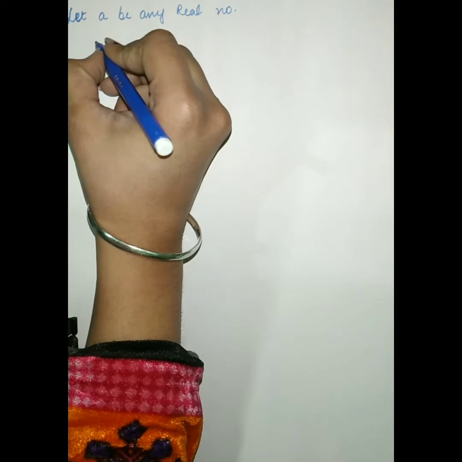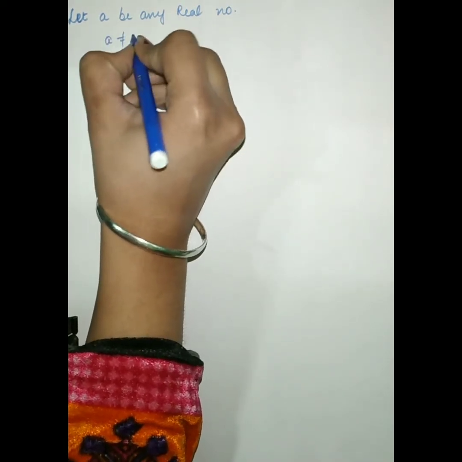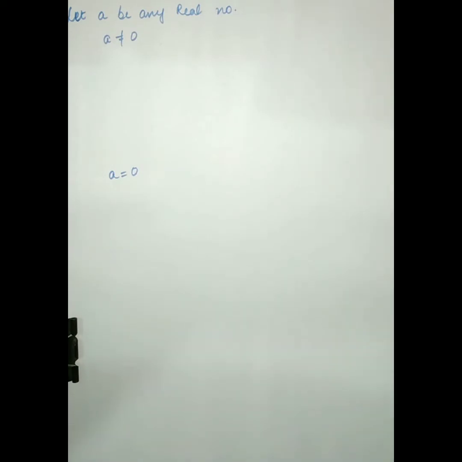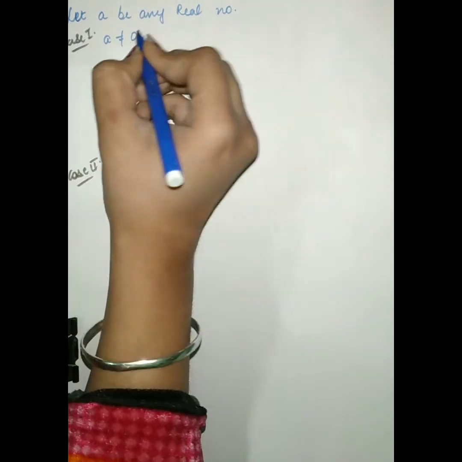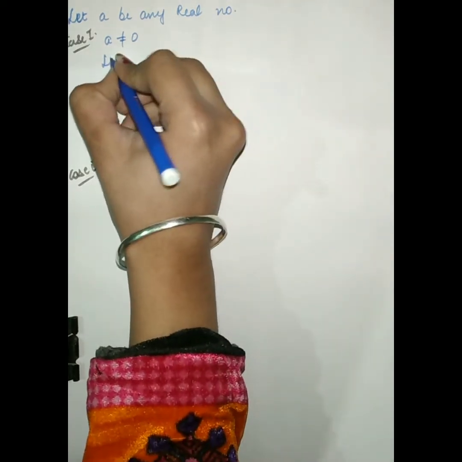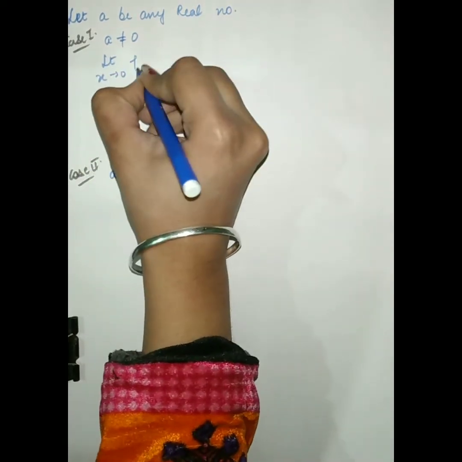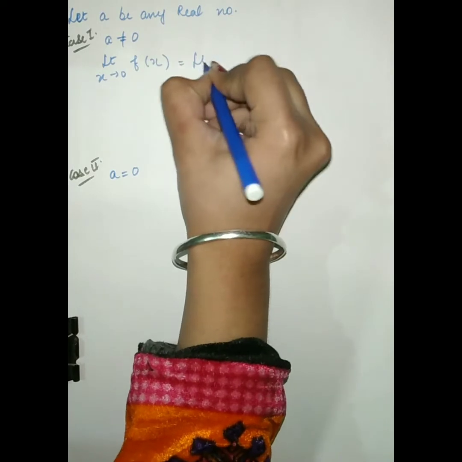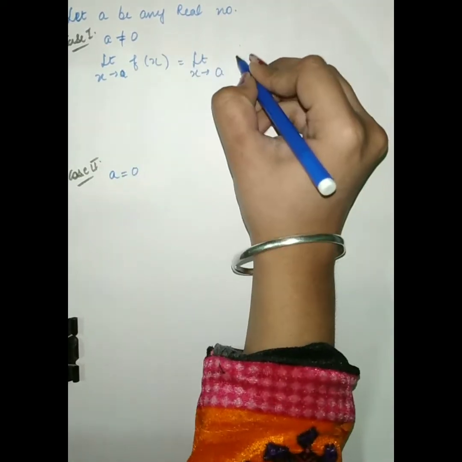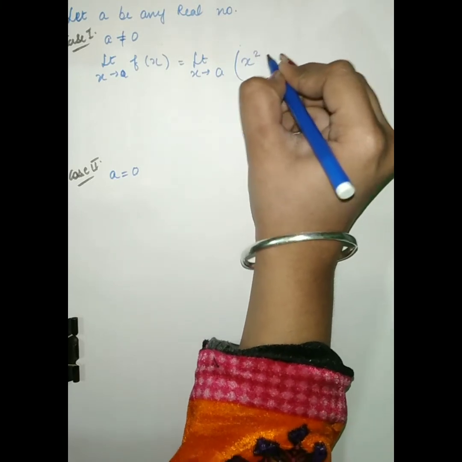Case 1 is a is not equals to 0 and case 2 is a will be equals to 0. If a is not equals to 0, then we have to take the limit x approaches to a of f of x, which will become limit x approaches to a of x square sine 1 by x.